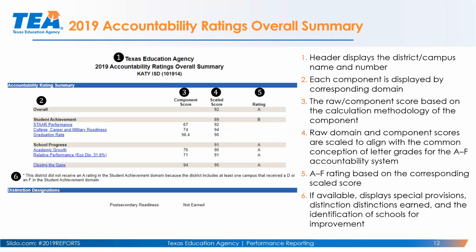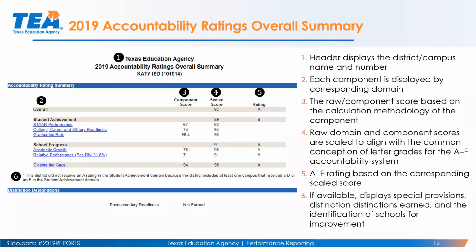On item 2, I see each component is displayed and the corresponding component underneath that domain. For example, student achievement for the district has 3 parts: STAAR, CCMR, and the graduation rate. 3, I can see the component score, and that is the raw or component score based on the calculation methodology of that particular component. 4, I can see the scaled score.